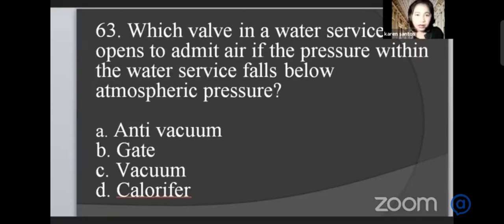I will discuss again some of the previous questions, so on our next meeting we can probably proceed directly to plumbing.